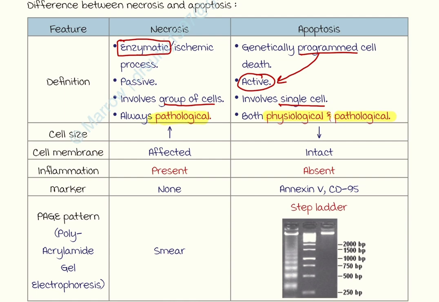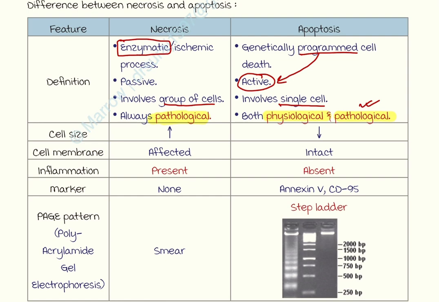Self-reactive lymphocytes undergo apoptosis, and in acute inflammation, neutrophils come and serve their function, after which they undergo apoptosis. Whereas pathological apoptosis is seen in DNA damage, in many conditions like misfolded protein diseases, in hepatitis B infection, and in diseases with Councilman bodies.